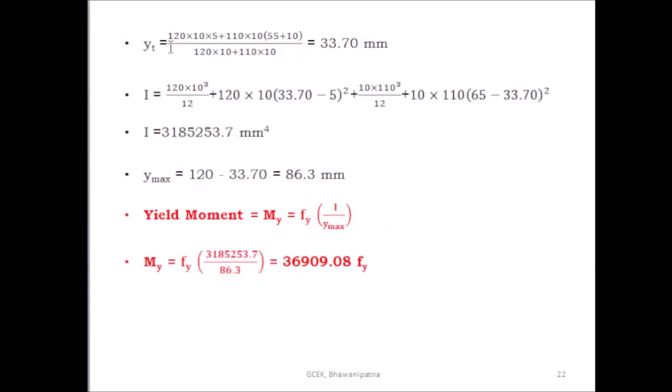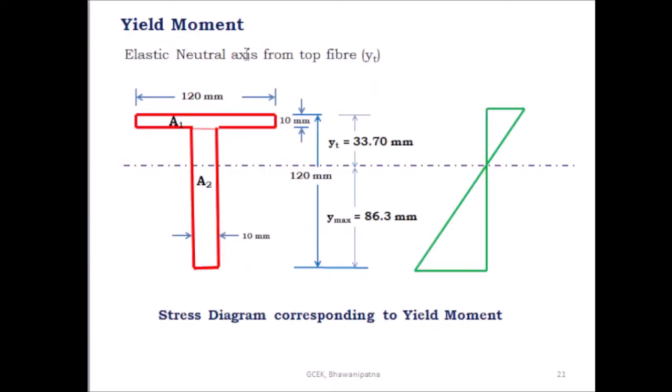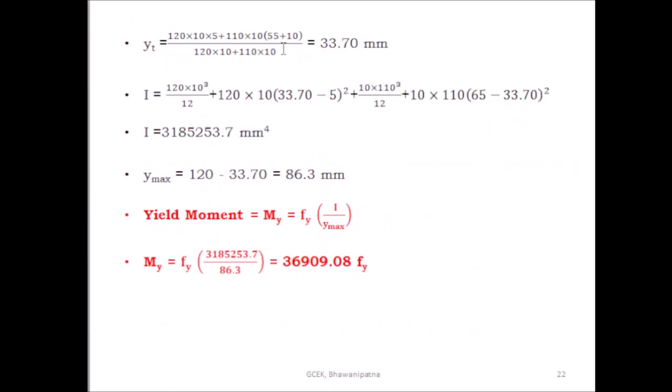So here yt is equal to 120 into 10, the area, into the centroidal distance 5 of this area, plus 110 into 10, the area of the web, and the centroidal distance is 110 by 2 plus 10, that is 55 plus 10, divided by the area A1 plus A2, 120 into 10 plus 110 into 10. So this is equal to 33.70 mm.